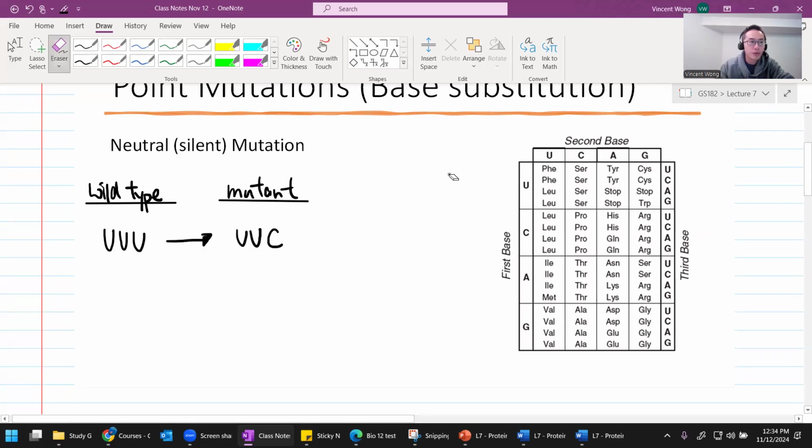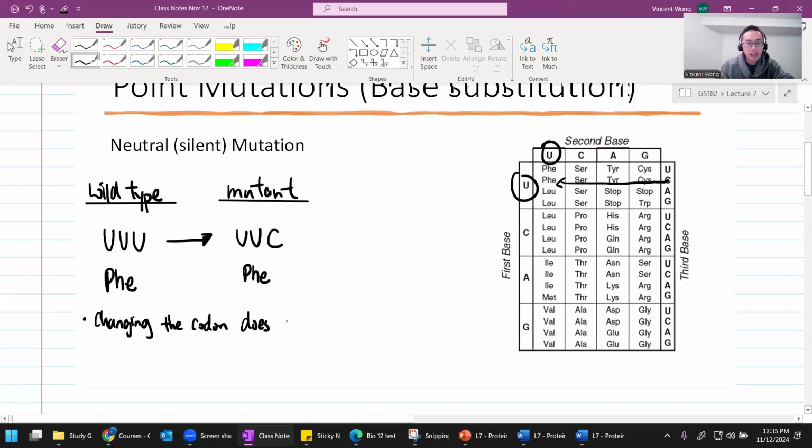That's right. Thank you. So UUU, if you look it up, codes for PHE. And then UUC also codes for PHE. So in this case, changing the codon does not change the amino acid.